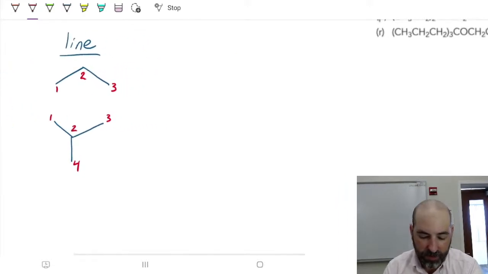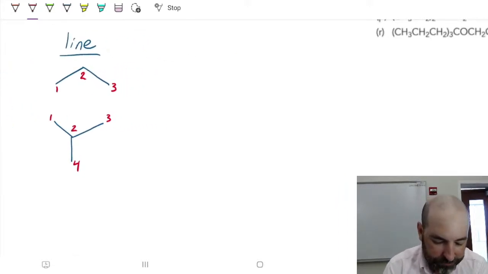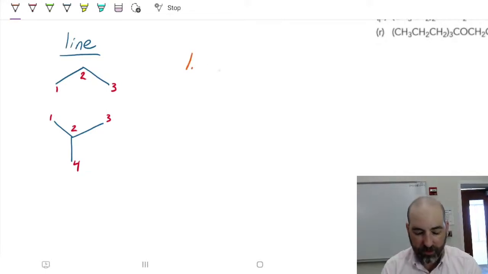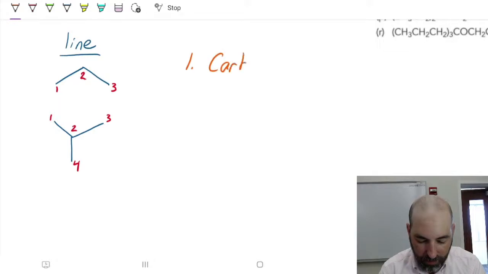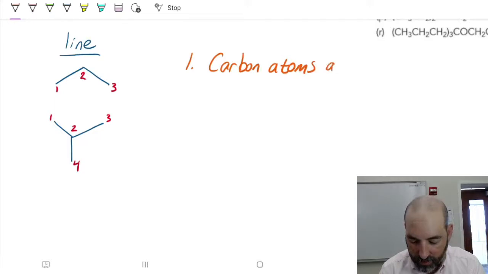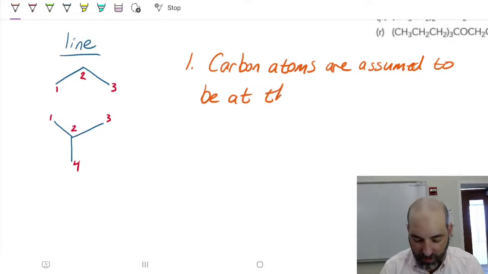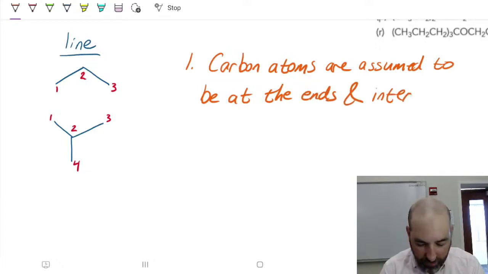So the two basic rules of line structures are, first, carbon atoms are assumed to be at the ends and intersections of lines.